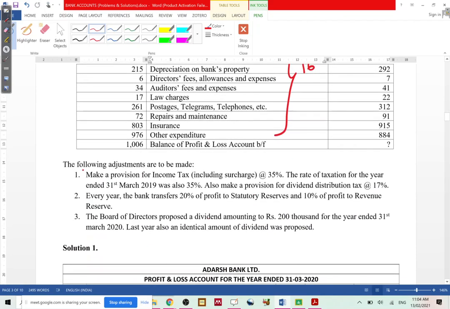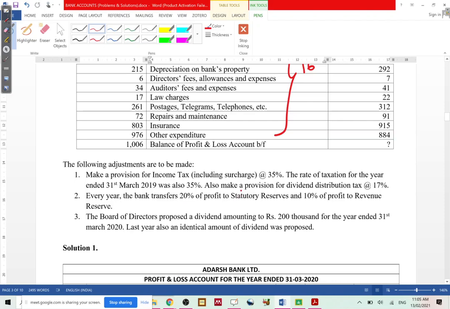Okay, and then we have a few adjustments related to tax, which we can calculate only after we get the profits made by the bank during that year, and other adjustments related to appropriations. How much should go to statutory reserves, other types of reserves, how much dividend is supposed to be paid or proposed by the board of directors, and how much it was last year.